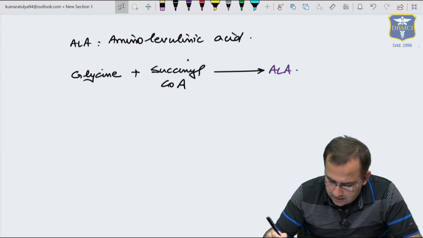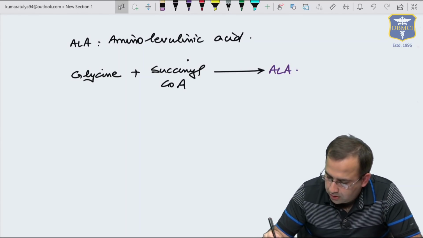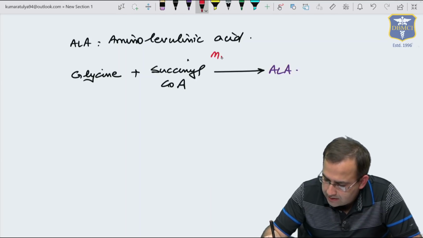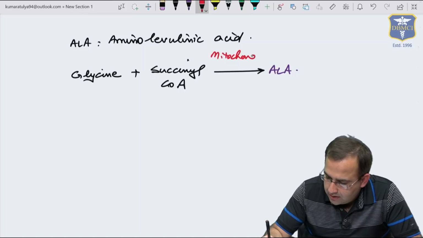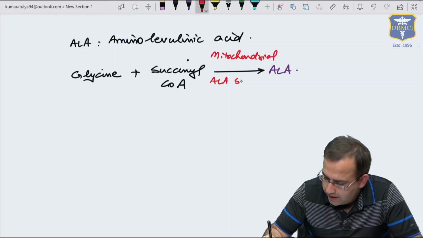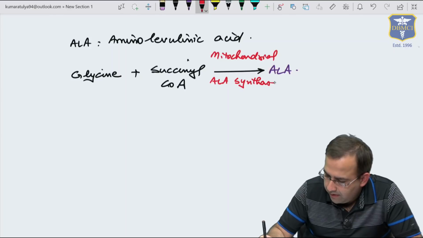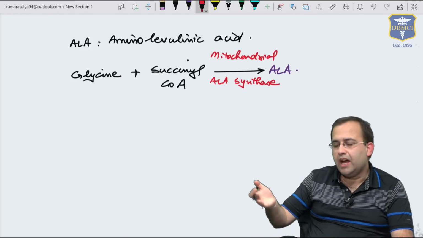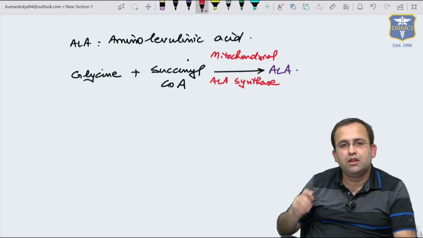This occurs in mitochondria by mitochondrial ALA synthase. Next, it goes to ALA dehydratase and further heme synthesis.